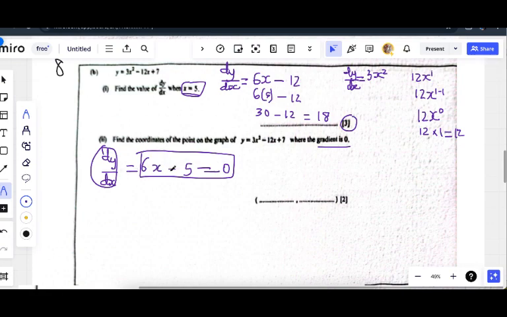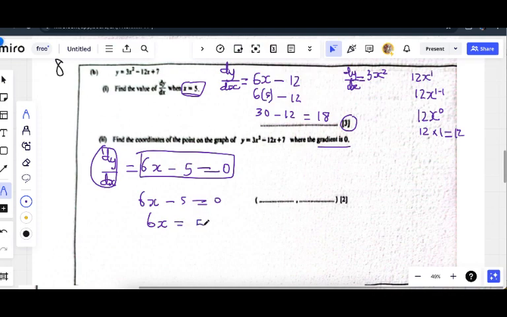So we write 0 here. We say 0 equal to 6x minus 5. So you have 6x minus 5 equal to 0. Then you solve to find x. First you move negative 5 to this side, it becomes positive 5. So you have 6x equal to 5.